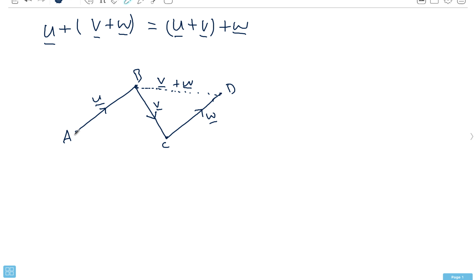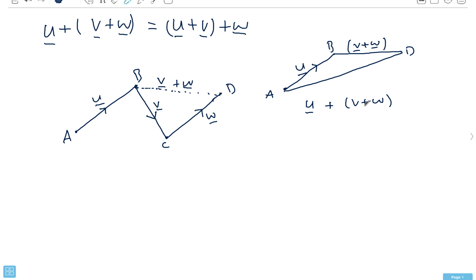Now if I take the triangle ABD, this is v plus w, and this is u. So by the triangle rule, AD represents the free vector u plus v plus w.